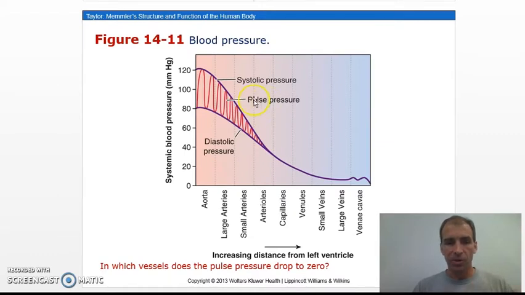Now, the question becomes, all right, so that's great. And as we'll see here, this graph is depicting that as we move on from the larger arteries to the smaller arteries to the capillaries, we start to lose this distinction. Maybe a good way to think about this, if you do CrossFit, one of the big exercises now is you take this really long, heavy rope and you kind of just go like that really hard.